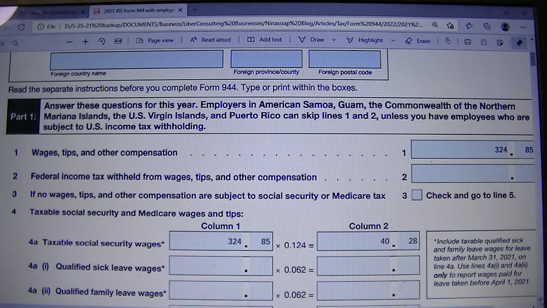And you might read the instructions more if you have an S Corp or an LLC taxed as an S Corp and you collect, other than salary, some compensation like fringe benefits.